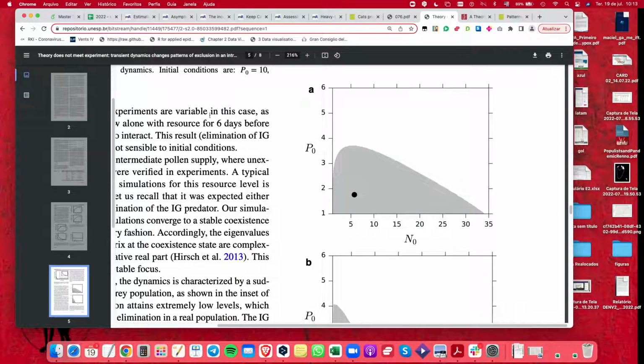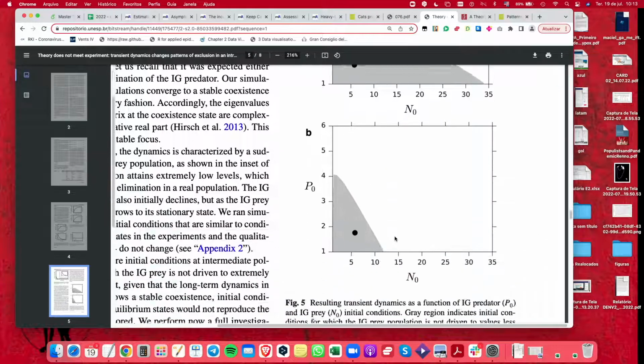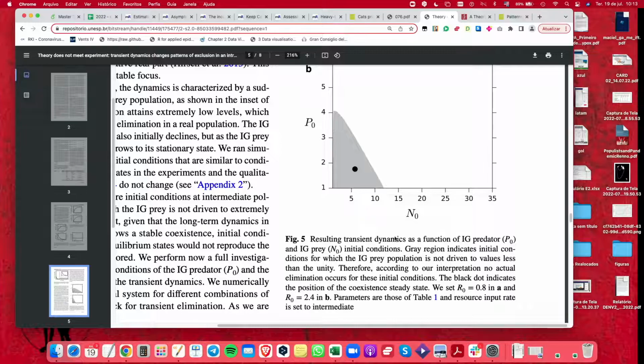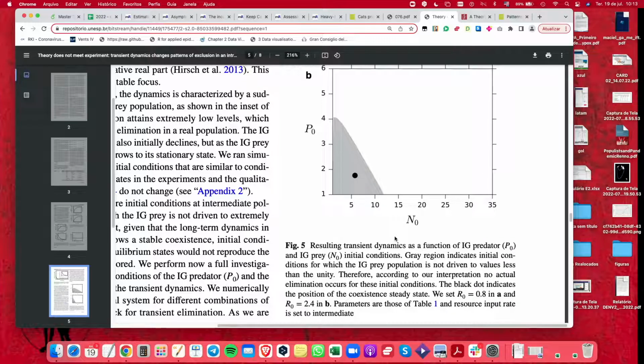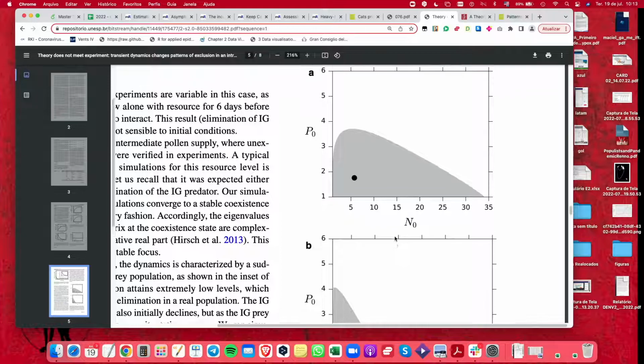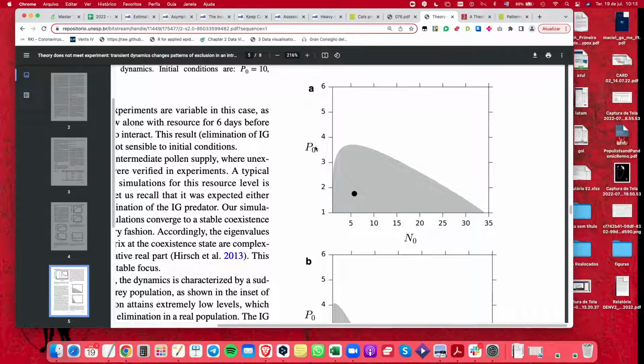For instance, this is at the initial conditions, and the gray region are the values of N0 and P0, the initial conditions for N and P, such that you can attain the fixed point without crashing, okay?